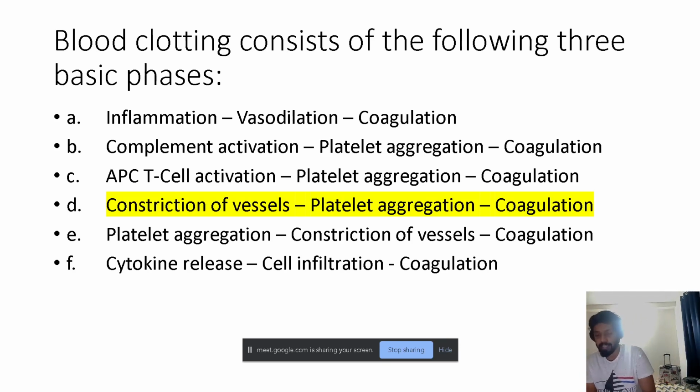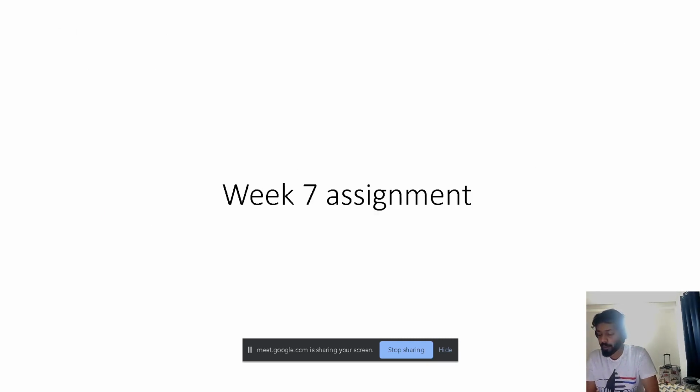As soon as the leakage happens, there's this constriction of blood vessels, and then platelets start to migrate to the site of leakage and aggregate, and then coagulation happens.